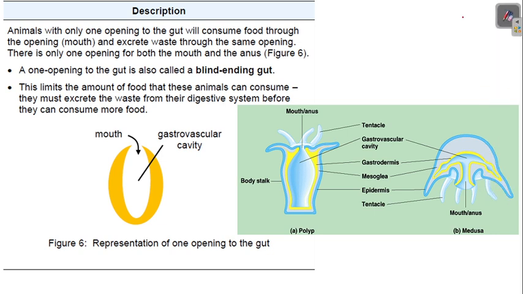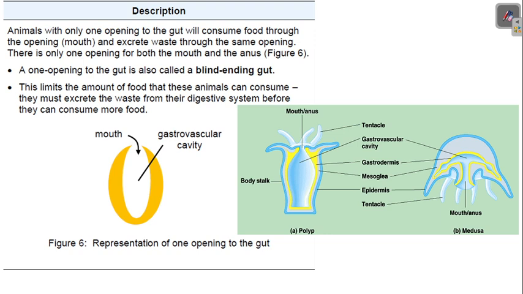Right. So an organism that only has one opening, for example, your hydras, basically those are known as your blind gut organisms. Animals with only one opening will consume food through that one opening and excrete food in that one opening.